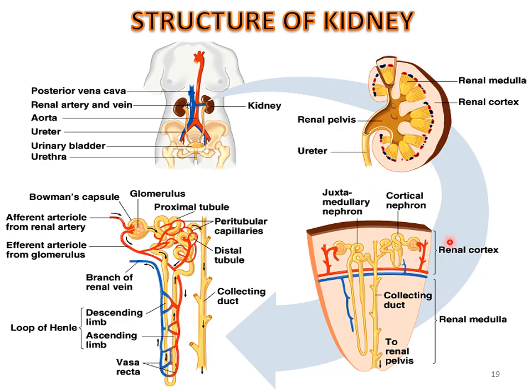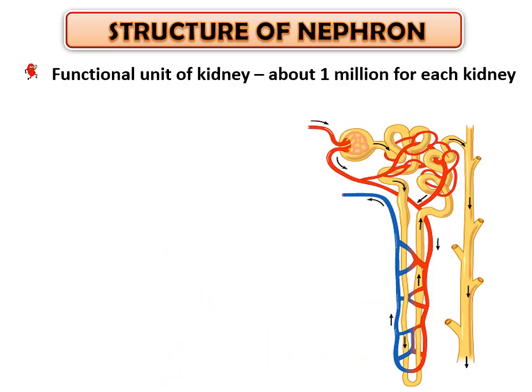And here the renal cortex, the outer region, and here the renal medulla, the inner region. So here that is a nephron, the functional unit of the kidney. Functional unit of kidney is the nephron. So we have about 1 million nephrons in each kidney.